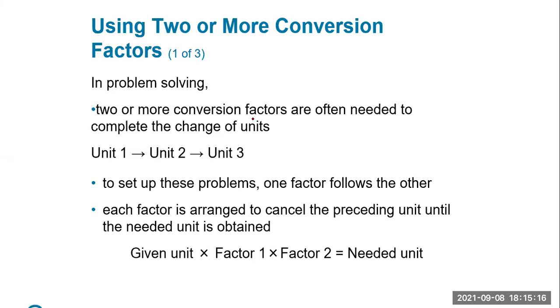If you do decide to do it in the step-by-step approach, it's really a good idea, as we might have talked about before, to avoid extreme rounding until the very end.